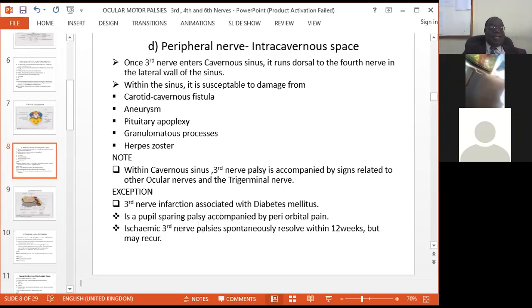But in this third nerve involvement, the pupil is spared. In other words, there is good pupillary function. Okay. Ischemic third nerve palsies spontaneously resolve within 12 weeks, but may recur.